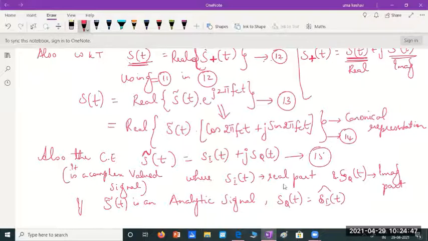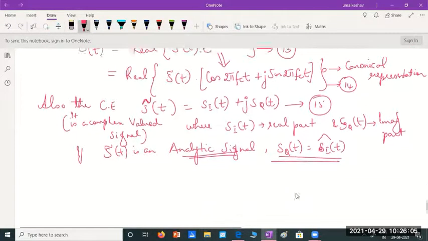Whenever the complex part of a given complex valued signal is the Hilbert transform of its real part, we call such a signal an analytic signal. So please understand, a given complex signal is written as real part plus imaginary part. And if that complex signal is also analytic in nature, then its imaginary part would be equal to the Hilbert transform of its real part. So please remember this.